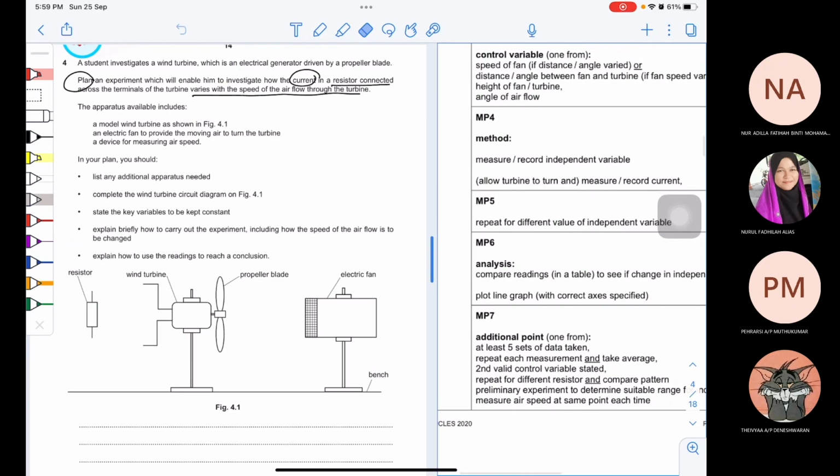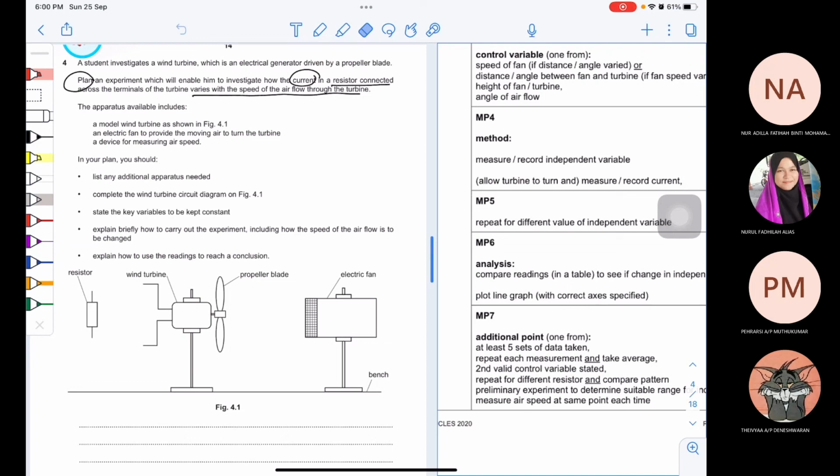Ada tak? Turbine ada. Turbine dia dah tulis bagi. Lagi electric fan pun dah bagi juga. Height of fan. Okay. Angle of airflow. Okay. Aduh. Okay. So, next.